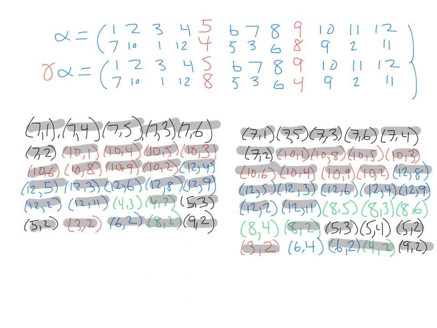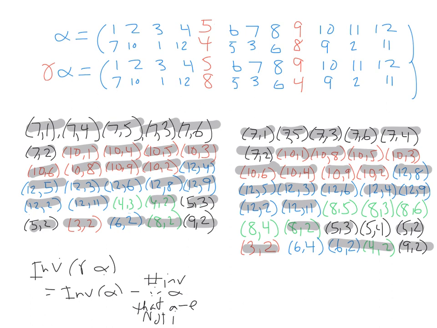and say what we can say. It turns out that the inversion number of first do alpha, then do gamma, is going to be the inversion number of alpha minus the number of inversions in alpha that are not in first do alpha, then do gamma.